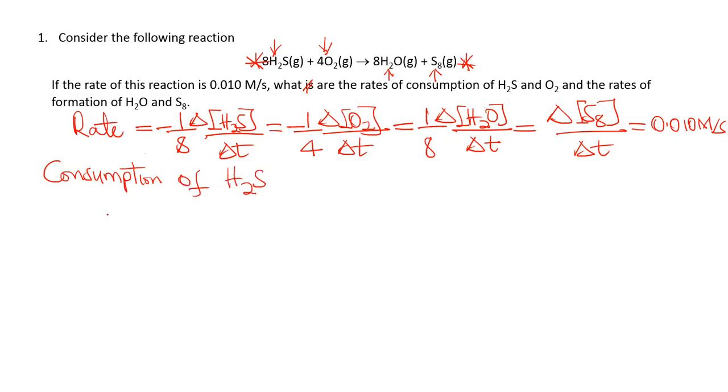The rate of consumption of H2S will be given based on: rate is equal to negative 1/8 change in concentration of H2S divided by change in time.